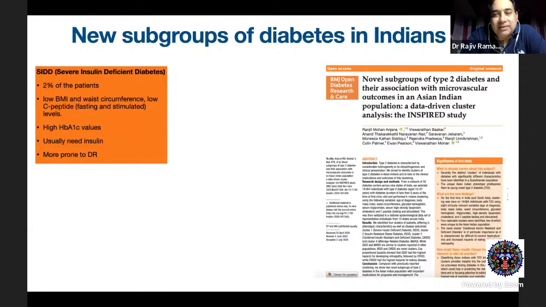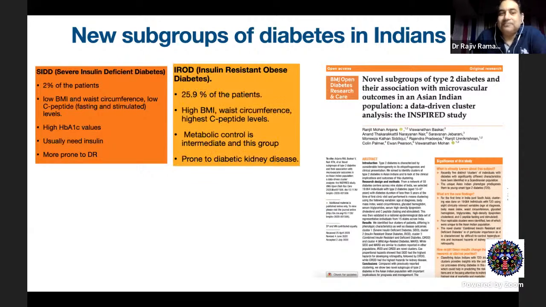They have a low BMI, so they are not the obese diabetics. In clinic also, many times we see people with PDR who are lean diabetics, unlike in the West where they say body weight is an important risk factor, and they have low C-peptide. So these are the group of people who are more prone to retinopathy.